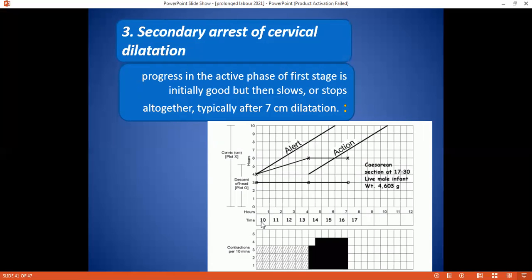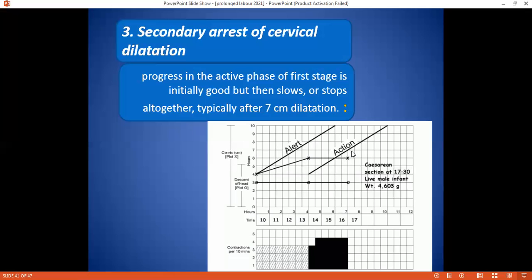For this case, admitted at 10 a.m., the cervix was 4 cm dilated, the head 3/5 palpable. After 4 hours, it becomes 6 cm. So this is accepted as a rate of dilatation. The head remained 3/5 palpable, and then despite efficient uterine contractions, the cervix remained at 6 cm.